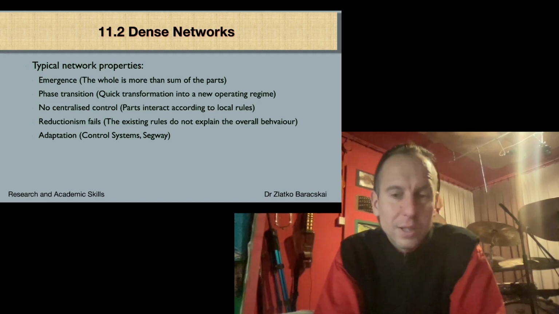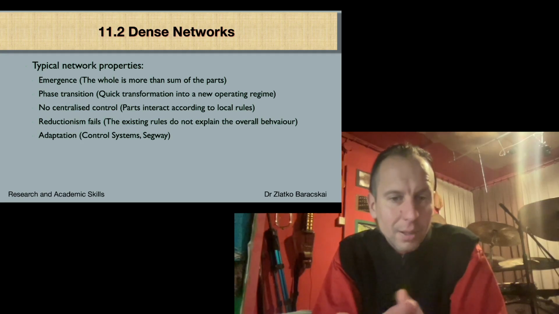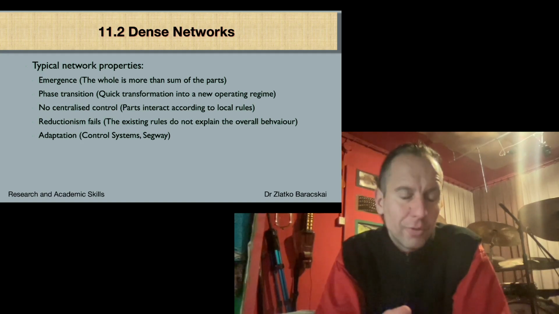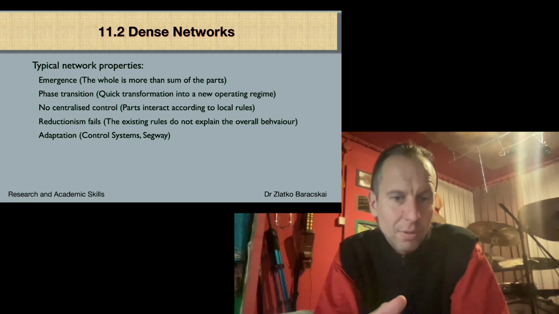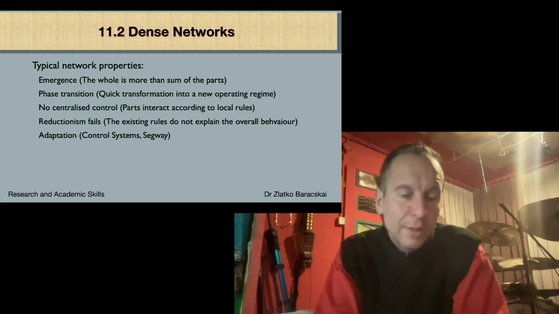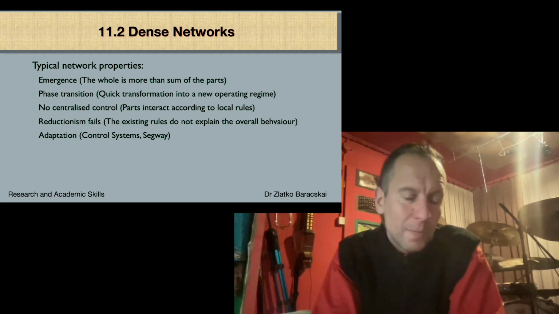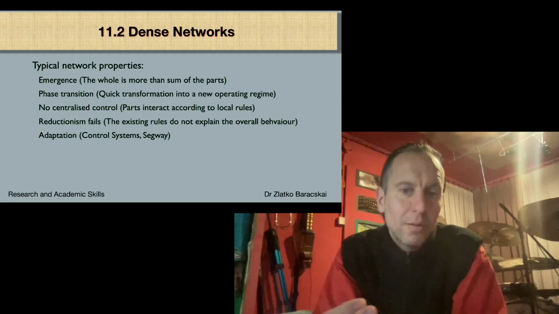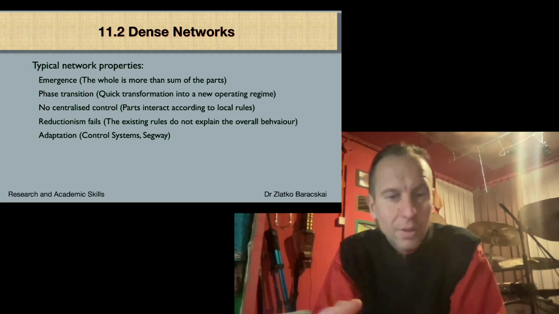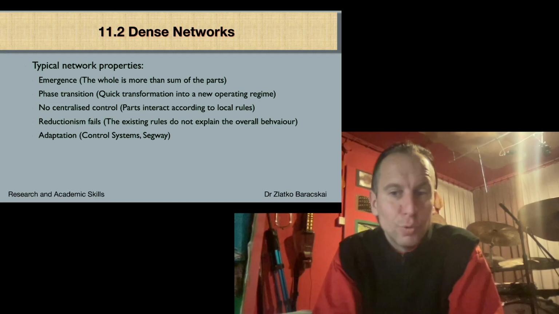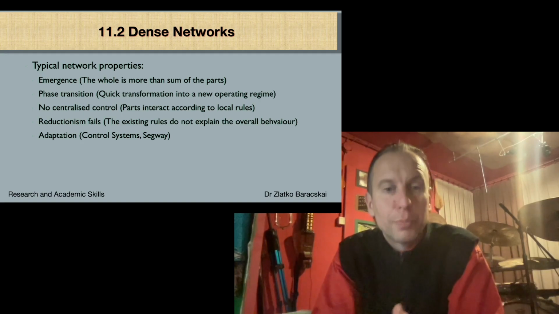So that's the characteristic of complex systems, that typically the properties grow out of the interaction within the system, and you don't necessarily design the system for it to have a certain property. The properties arise from the internal organization.